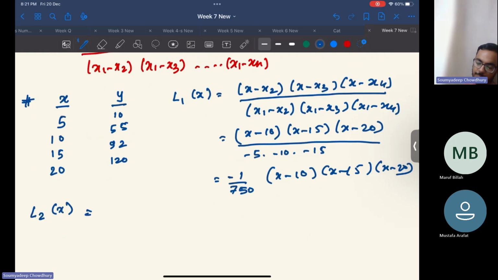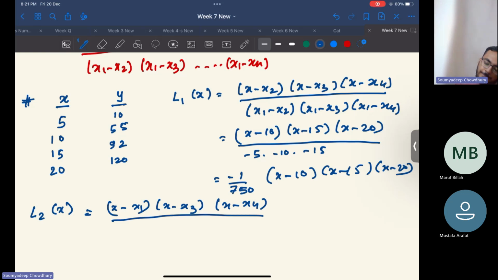You have to find x minus x1, x minus x3, x minus x4 upon x2 minus x1, x2 minus x3, x2 minus x4.